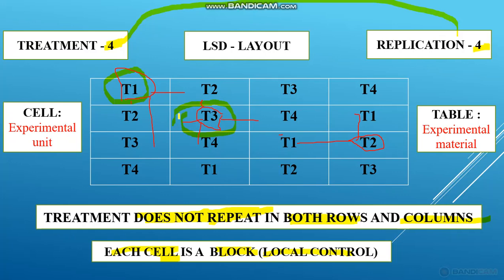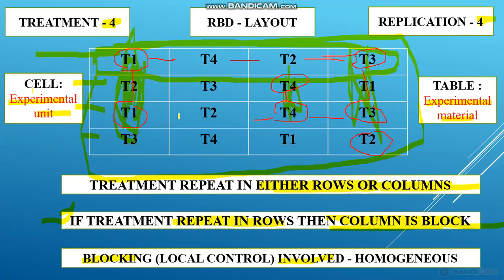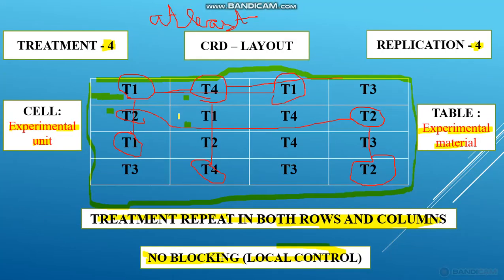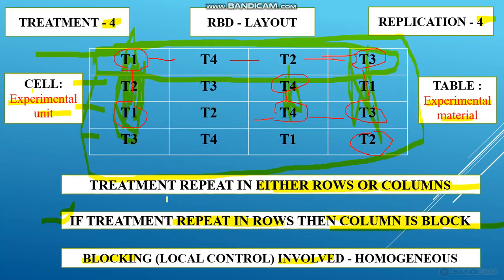So this is an example of CRD, RBD and LSD layout. Based on the layout we can find the type of design, whether the design is CRD, RBD or LSD. Once again, in CRD the treatment repeats in both rows and columns. In RBD the treatment repeats either in rows or in column.